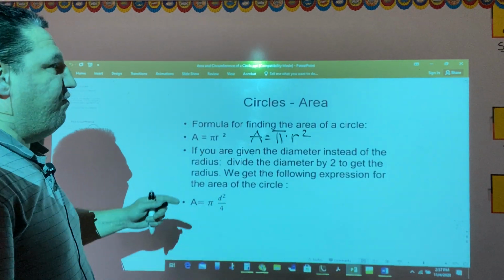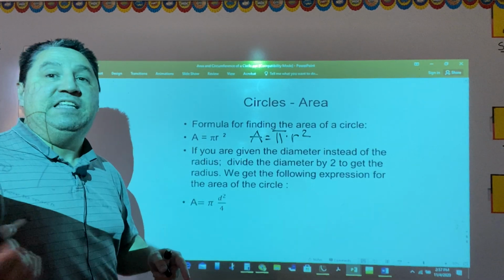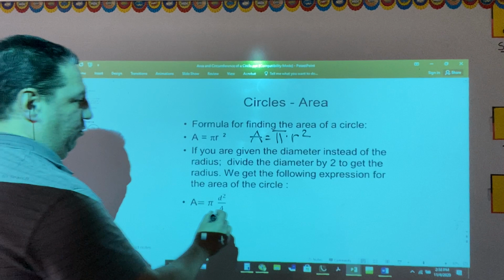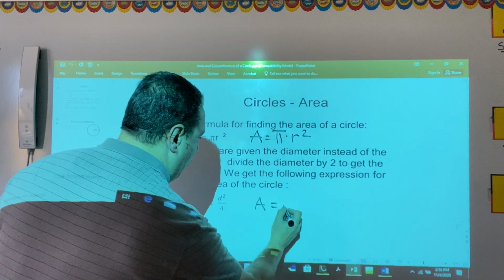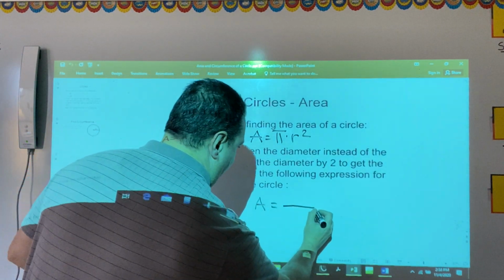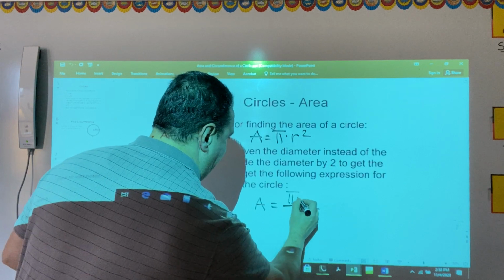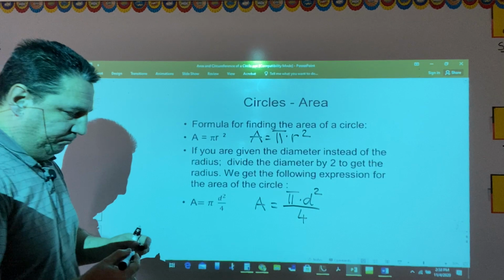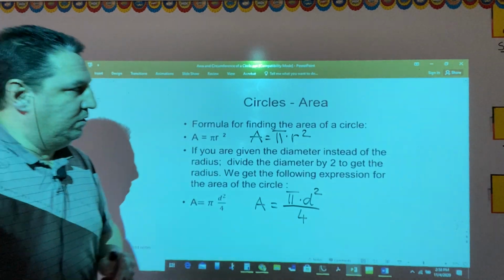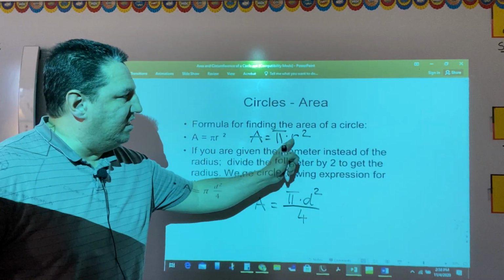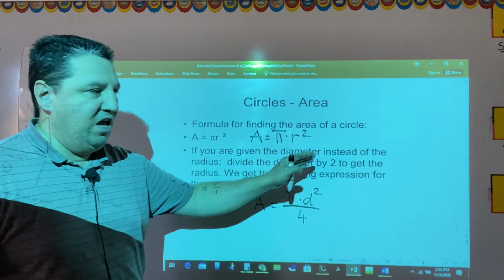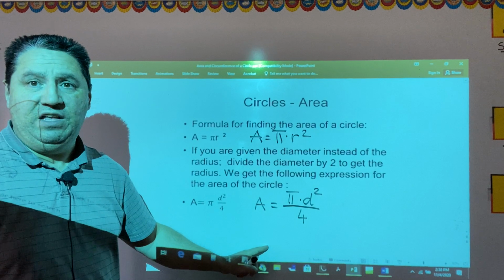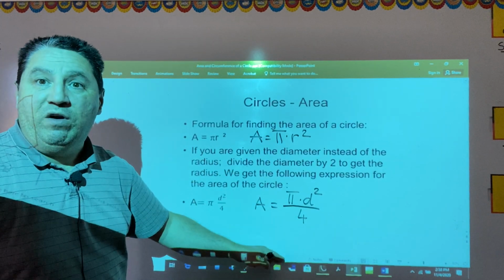If you are given the diameter of the circle, we have another formula, A equals pi times d squared over 4. When the radius is given, we use the first formula. When the diameter is given, we use the second formula.